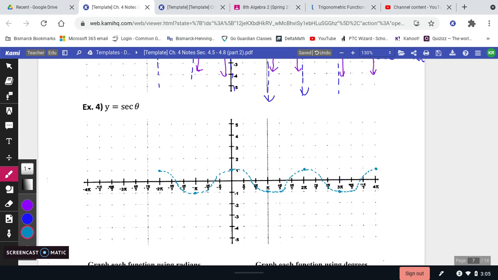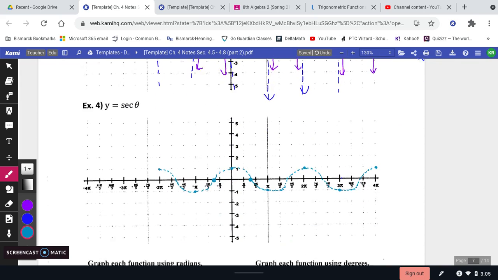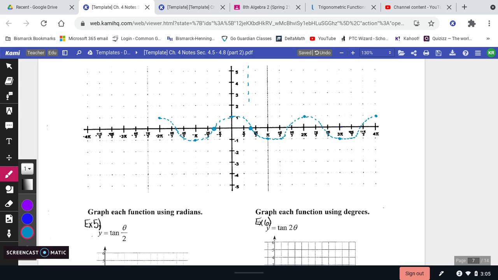Same thing's going to happen with secant. Everywhere where cosine is 0, which would be at pi over 2, negative pi over 2, your secant is going to have asymptotes. And then it crosses here, crosses here. And then it does the same thing as what the cosecant does.